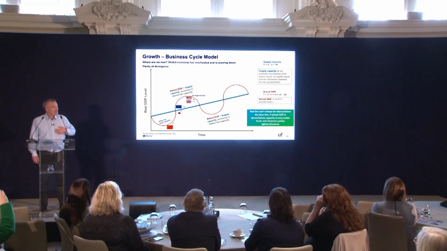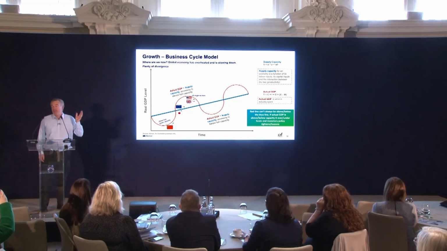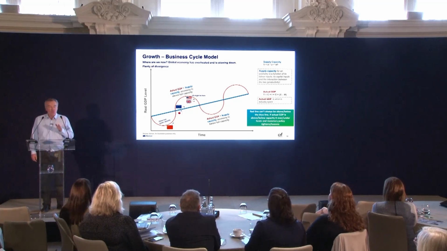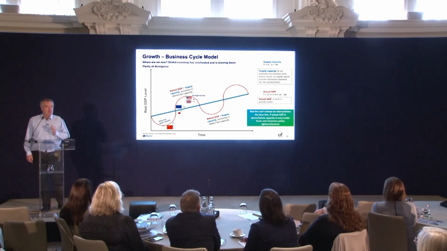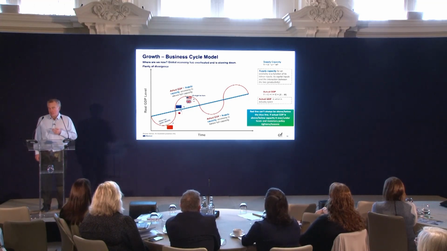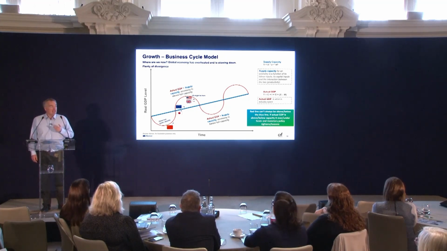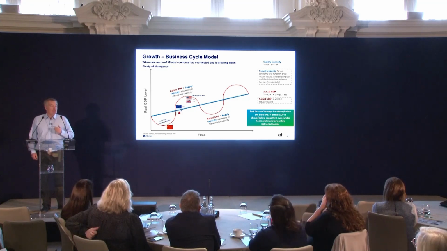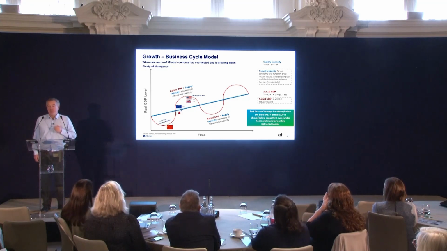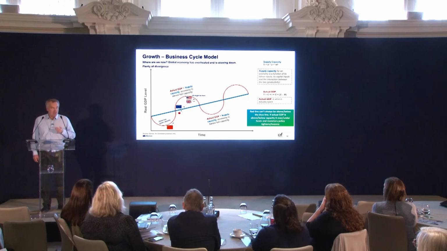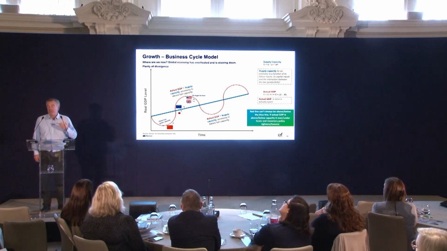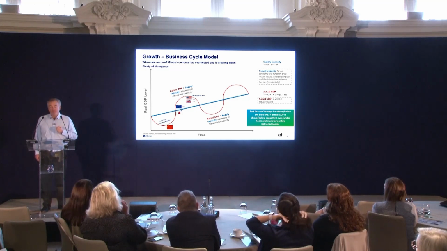Now, this is a sort of stylized example of how economies work, with time along the bottom, measured in years rather than months or quarters, and up the side, the level of real GDP. The first line to look at is the blue line, which is the productive capacity of any economy in the world, whatever economy it is, that hopefully grows slowly over time.